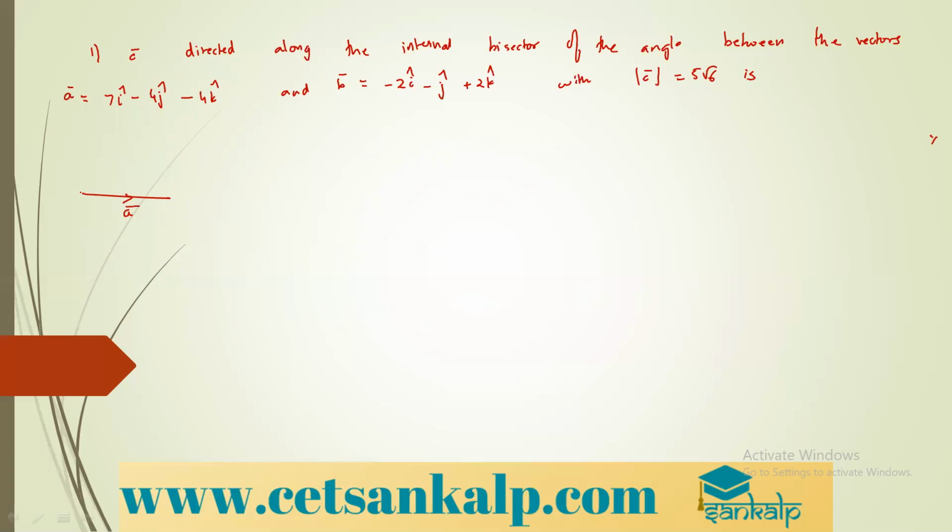So this is vector A, this is vector B. And the internal bisector is this internal angle bisector. So the vector C is along this. In such a case, you can find the vector C by taking lambda into A by magnitude of A plus B by magnitude of B. See, some formulas like this, I'm doing the problems and telling you.